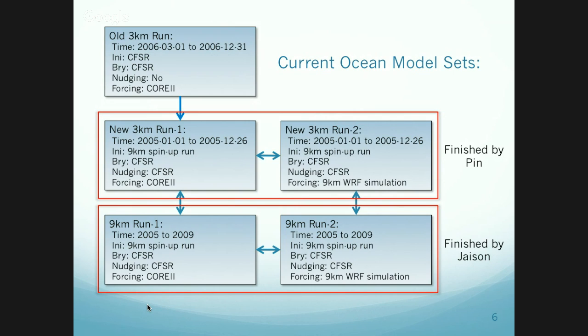For these 9-kilometer runs, the difference is only the resolution. Here is 9-kilometer using CORE 2, and we didn't change anything else. For these two, they are the same. We just changed the resolution. We didn't change forcing or anything else.